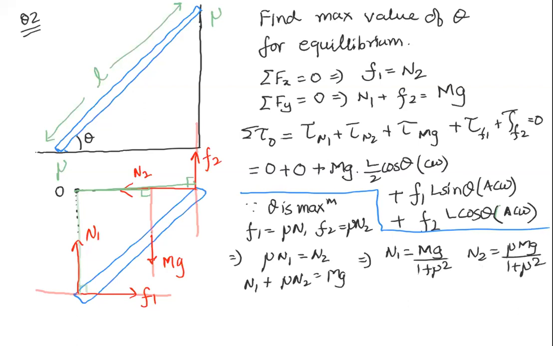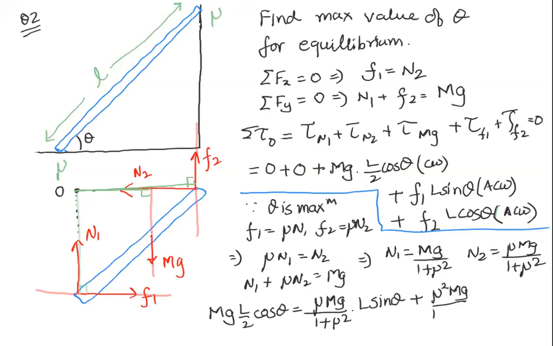Right? And equating these two, we get mg L by 2 cosine theta on one side because it is clockwise, and the anti-clockwise torques on the other side. So F1, which is equal to mu N1, mu mg upon 1 plus mu square L sine theta, plus F2, which is mu N2, mu square mg upon 1 plus mu square L cosine theta.